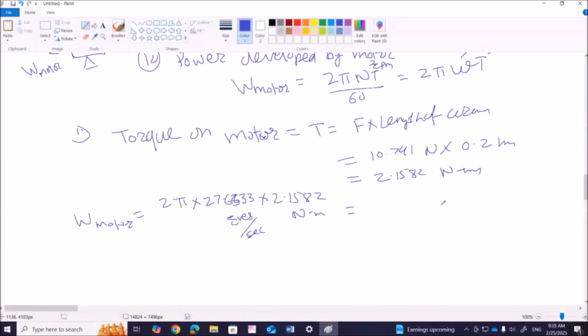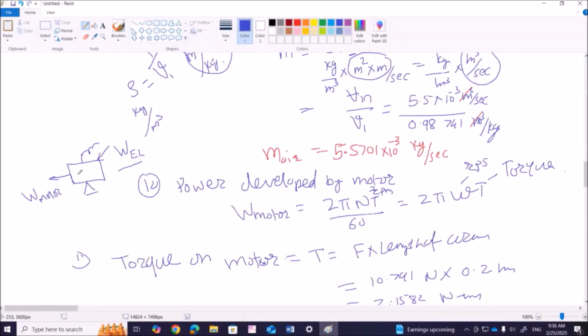So I will get Newton meter per second. Newton meter per second is nothing but joules per second is nothing but watt. Okay, so what is the answer? 374.718.